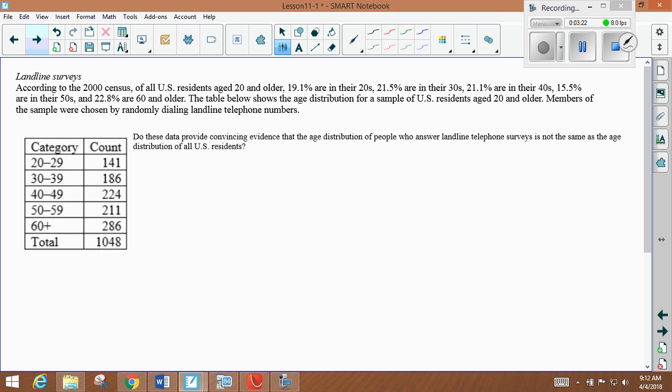Okay, so these can be quite strange, just because they're very, very wordy. So in this particular example, they did a census in 2000, and they found different percentages of different age groups.